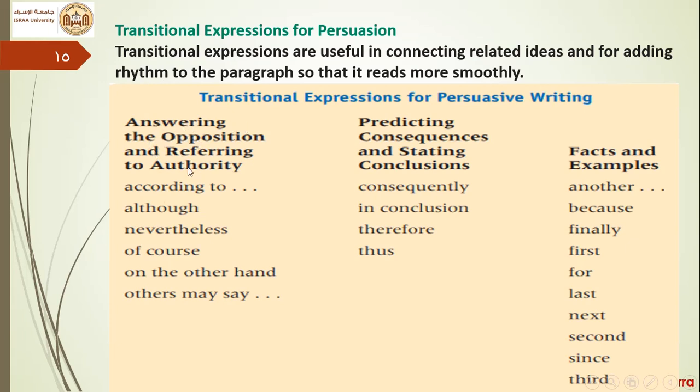For these two types of support we can use according to, although, nevertheless, of course, on the other hand, others may say. But for the types of predicting consequences and stating conclusions, we can say consequently, in conclusion, therefore, thus. For facts and examples, we can say another, because, finally, first, for, last, next, second, since, and third.